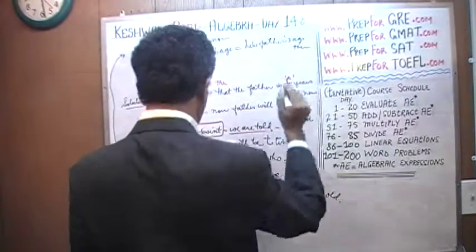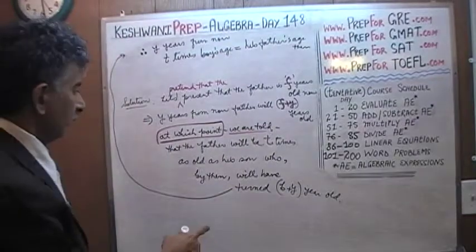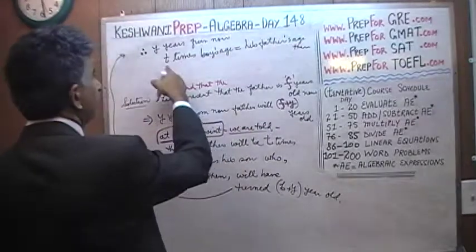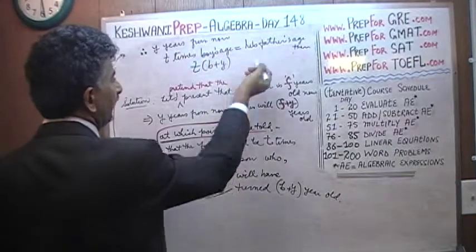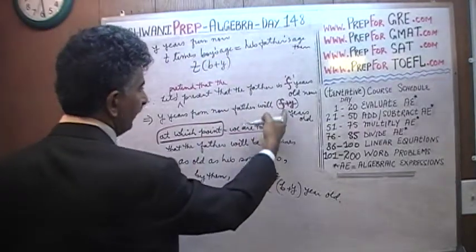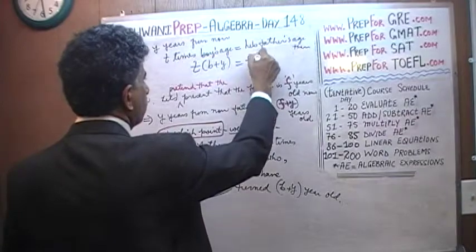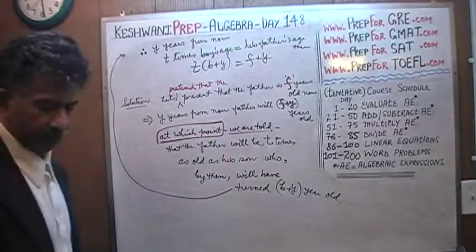That's what we are told. The boy's age is B plus Y, and T times that is T times (B plus Y). And his father's age, we figured out just now, is F plus Y. That's it.